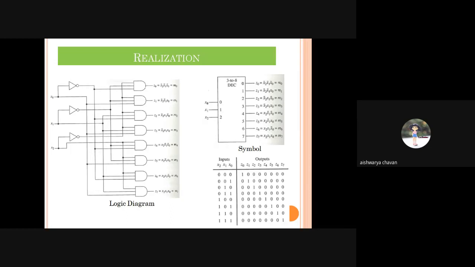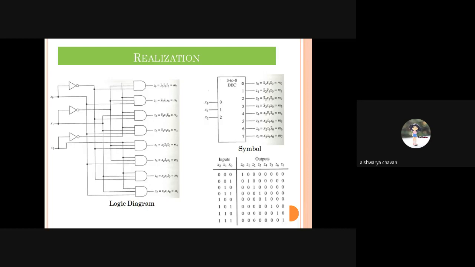Inputs are x0, x1, x2. As we have seen, the mux and demux have select lines, but the decoder does not. So depending on the input we give, you will get the output.